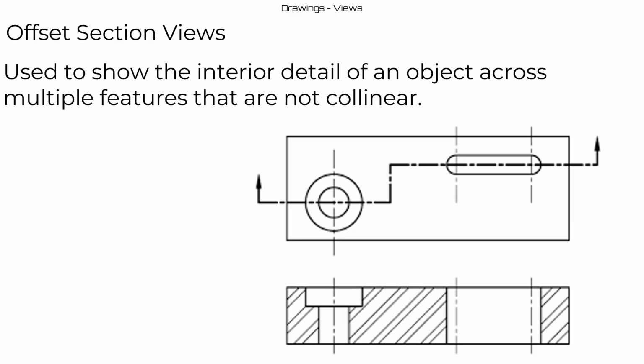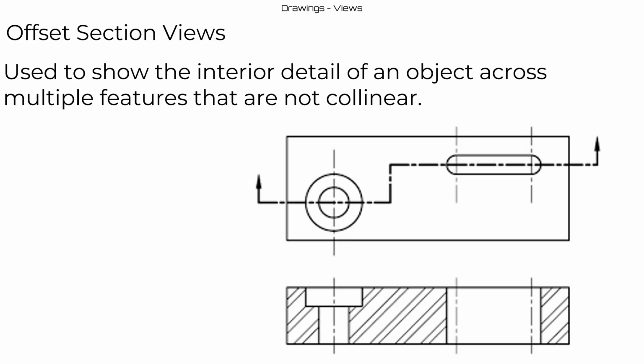So offset section views. Instead of just cutting on one area, you're cutting by a line, so you're essentially cutting into multiple areas. Then again, you're also using your view arrows to signify that we're going to be looking at it from this direction.